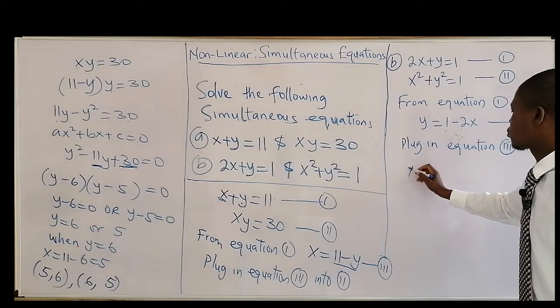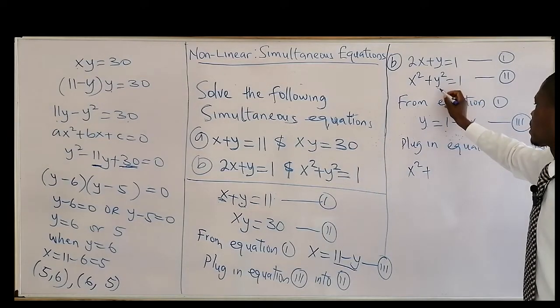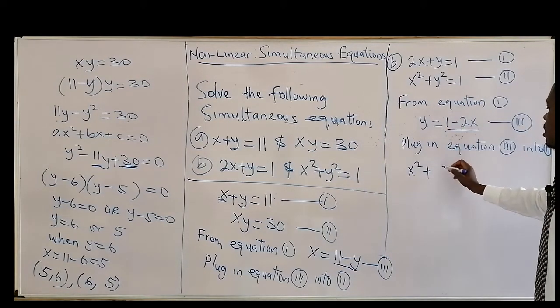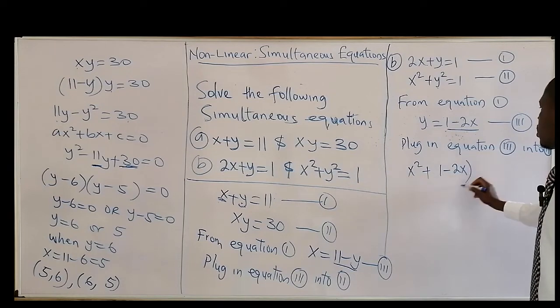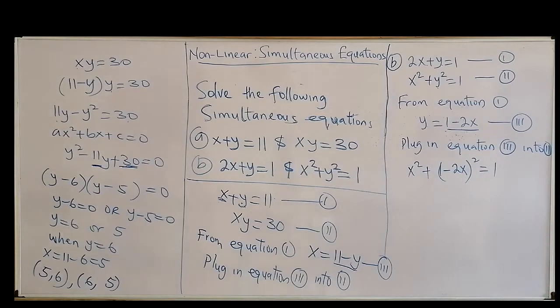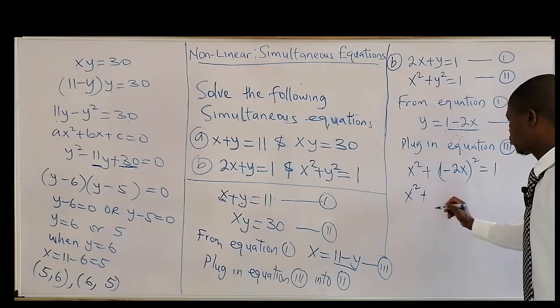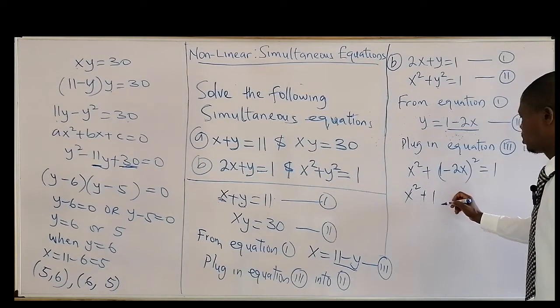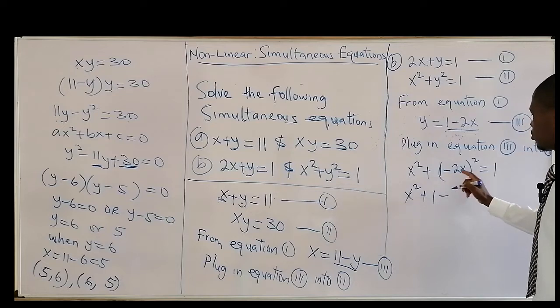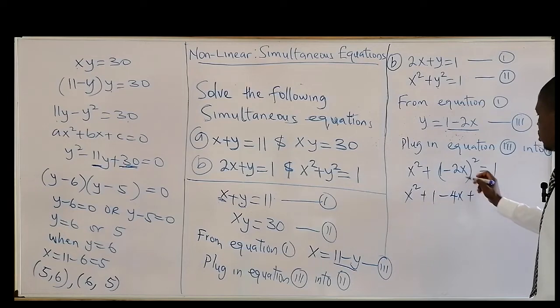That will give me x squared plus y squared, and anywhere you see y, just put this expression there, 1 minus 2x, all squared equal to 1. To do the expansion, this will be x squared plus 1 squared minus 2 times 1 times 2x, that's 4x, then plus the last one, 2x squared, that's 4x squared, equal to 1.